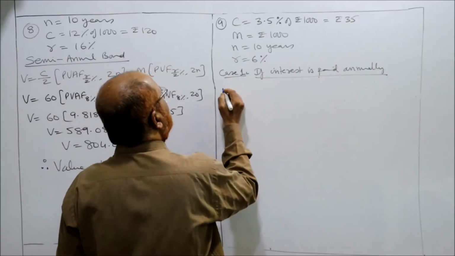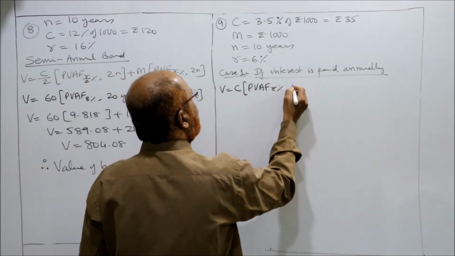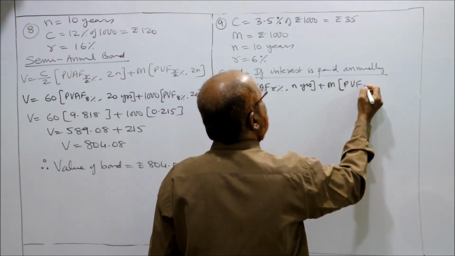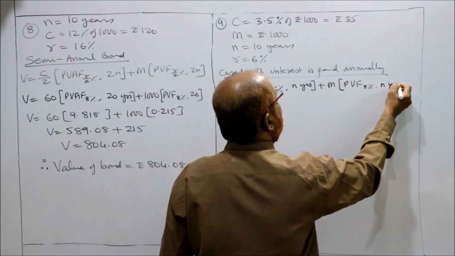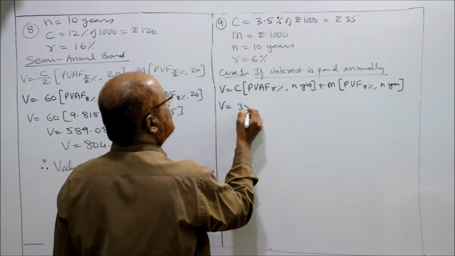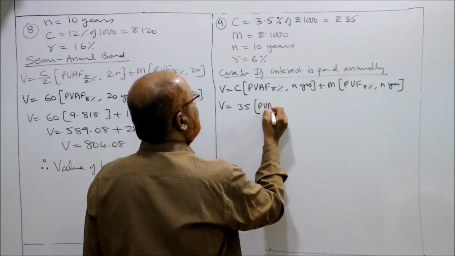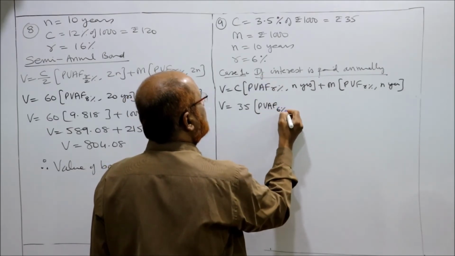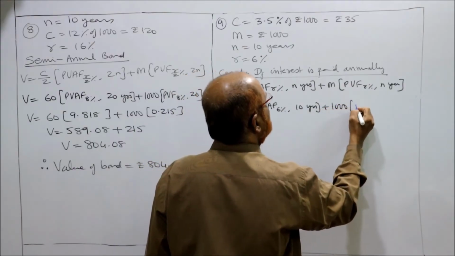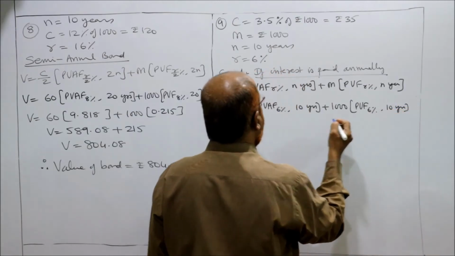So annually interest paid, V is equal to C into PVAF, coupon is 35, R is 6%, N is 10 years, plus 1000 into PVF, 6%, 10 years.